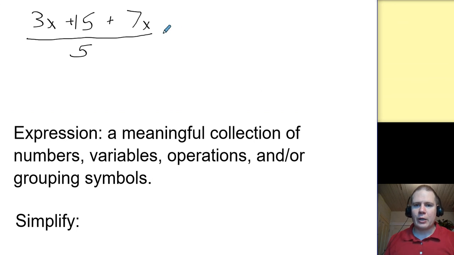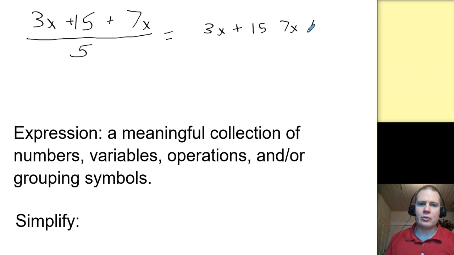Right? If I want to write this like in an email or something, I would have to say 3x plus 15 plus 7x, and then to divide I have to just use the forward slash, 5. But this looks like it's just 7x being divided by 5.